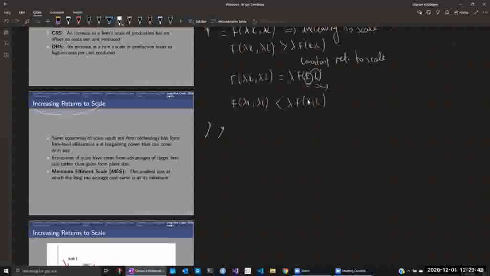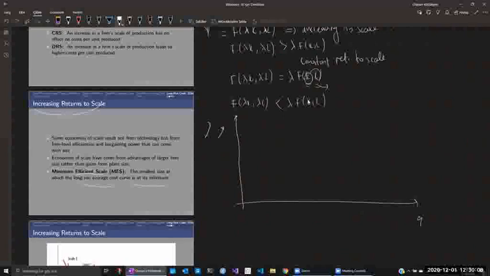So one terminology that we can use is the minimum efficient scale. It means the smallest size at which the long run average cost is at its minimum. Typically, when we consider the long run average cost, what we expect to observe is the following.